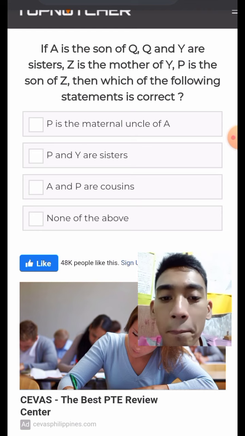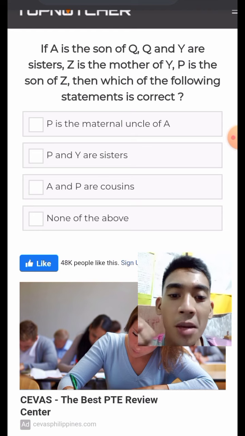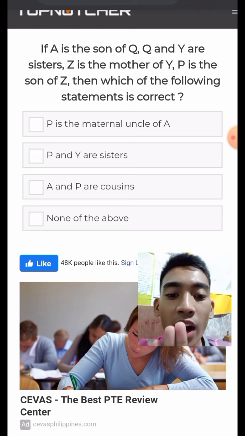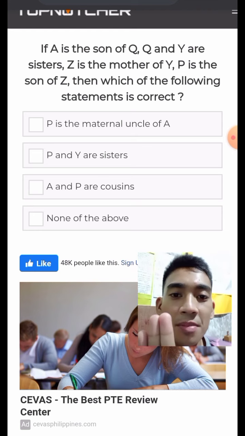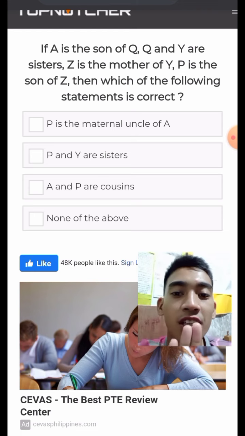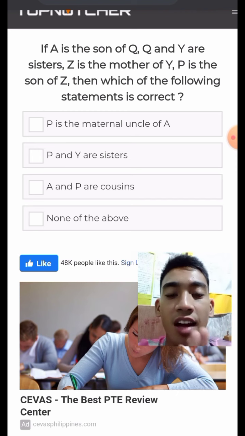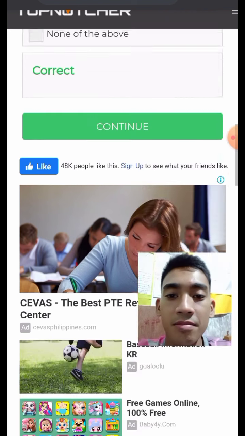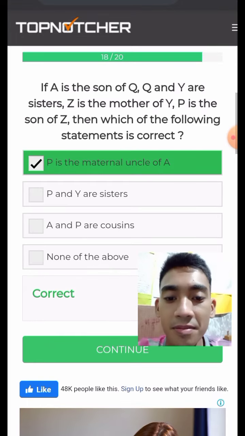It could be P is the maternal uncle of A because P, Q, Y are brothers and sisters. A is the son of Q, so therefore P is the maternal uncle of A. Correct. Next.